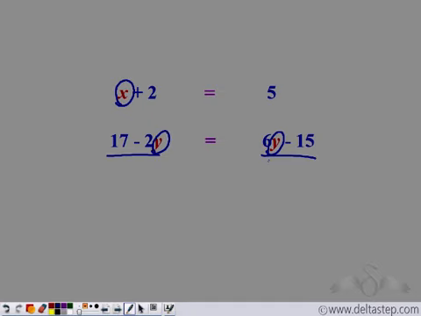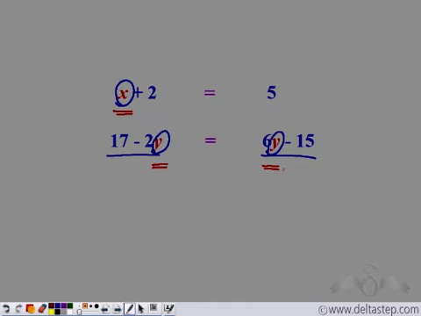Also note that in this case, we just have one variable, which is x. In the second equation, we have y here and y here. So in the second equation as well, we have just one variable y.